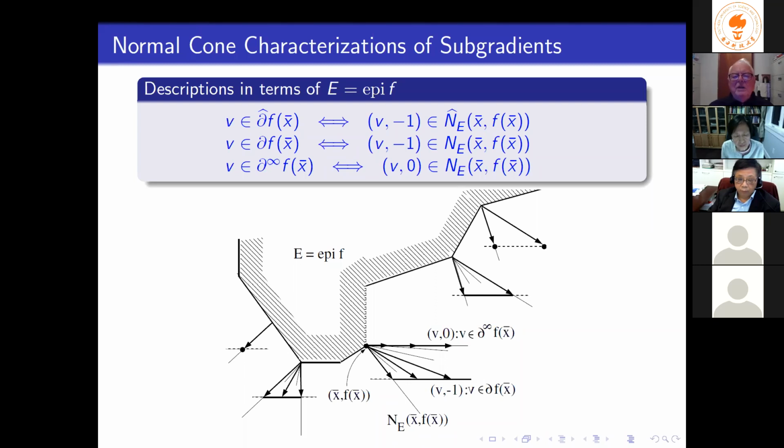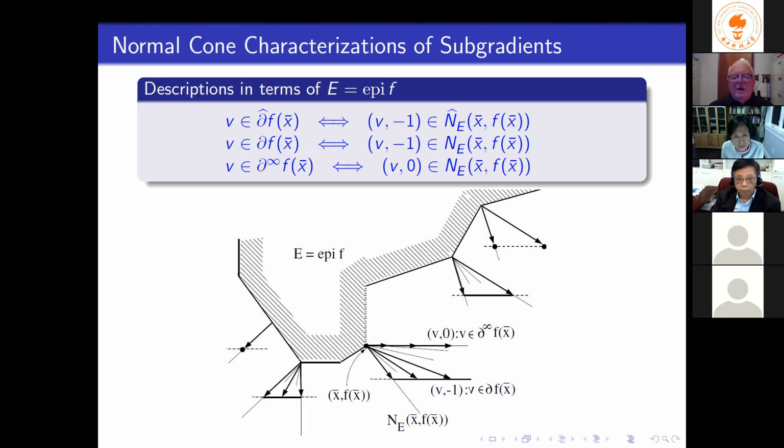But what those conditions mean is that those two convex sets cannot be separated. Those relative interior conditions are exactly like saying the two convex sets cannot be separated. But that means that there is no normal vector to one that is a negative normal vector to the other.